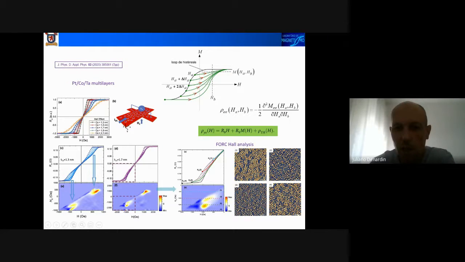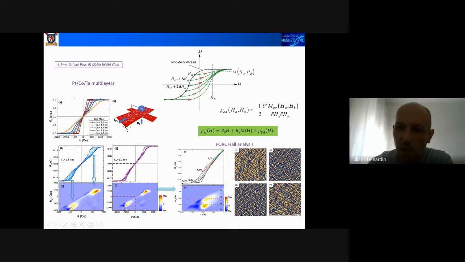If we increase the reversal fields, what does this mean? I take the sample, I apply a reversal field of minus 1000 Oersted, and remove this field and put the sample in the MFM with zero field, and observe this in image 2 that corresponds to this red dashed line in the image.